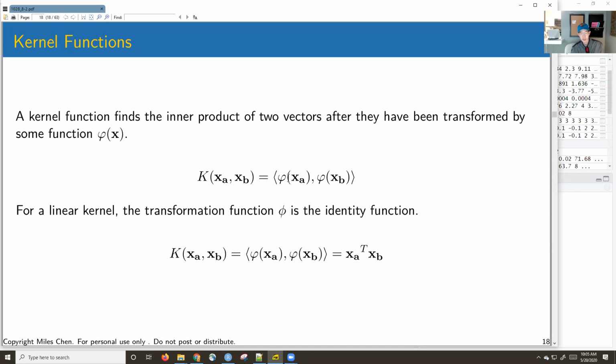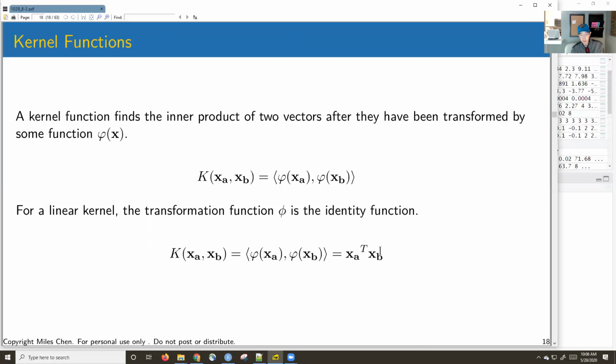If you have what we call a linear kernel, then the transformation function is just the identity, and thus the inner product is just xa transpose xb, basically the equivalent of the dot product. That's what we have here.